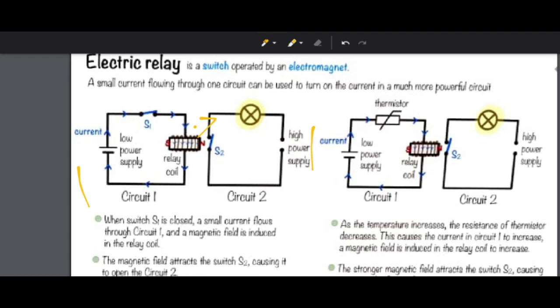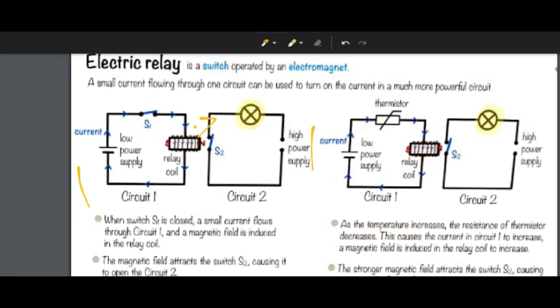This causes the current in circuit 1 to increase the magnetic field it induces in the relay coil. If the first circuit has a low current, that low current will help us induce the magnetic flux in the relay coil, and that will transfer to circuit 2. In circuit 2 they will have a high voltage power supply. Okay, so if we increase it, the stronger magnetic field attracts switch S2, causing it to open circuit 2.